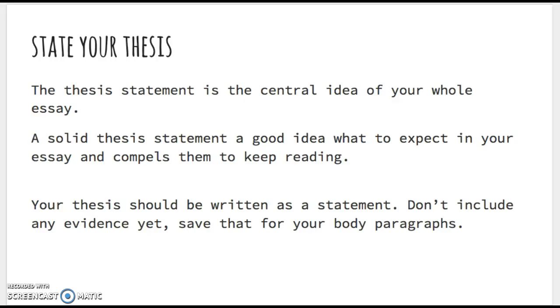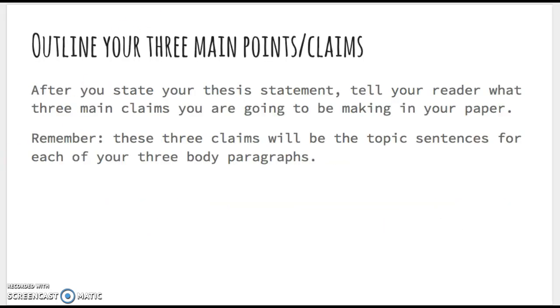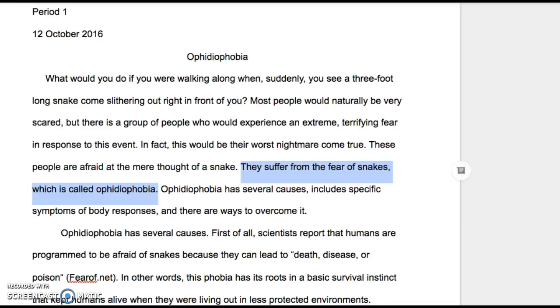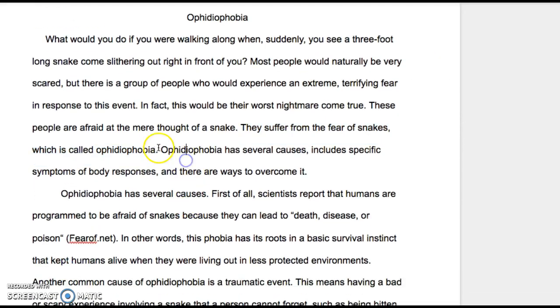That's simple. After you have your thesis statement, you're going to outline what your three main points, your claims, are going to be. Those are going to be turned into the topic sentences for each of your three body paragraphs. If we go back to the sample essay, we'll see that it has that here: ophidiophobia has several causes, includes specific symptoms of body responses, and there are ways to overcome it.